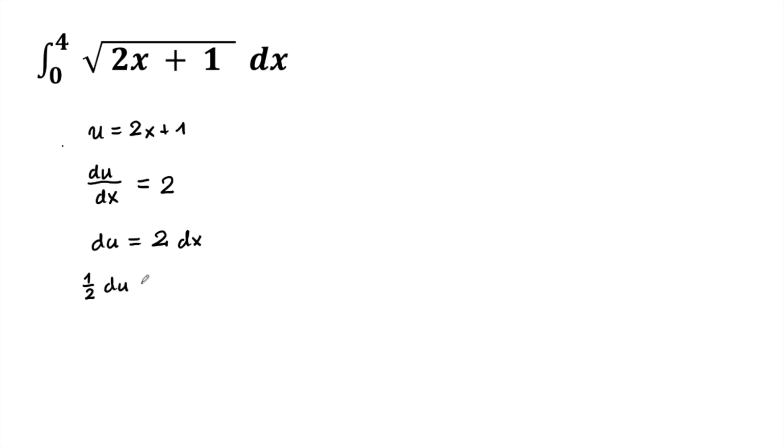This is equal to dx. So the dx factor in the function will be replaced by half of du. So let's do the substitution. First, the integral of the radical of u, and the factor dx in this given function will be replaced by a half of du in this new function.